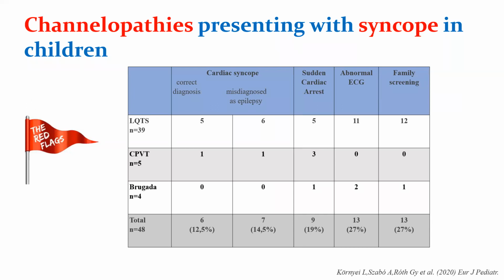Physical examination of a patient with cardiac channelopathy after a syncopal event is unremarkable, making the prediction more difficult for a general pediatrician. Contrary to these, congenital structural heart diseases, cardiomyopathies, and pulmonary arterial hypertension are more affluent in signs.